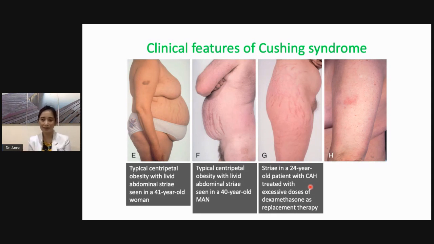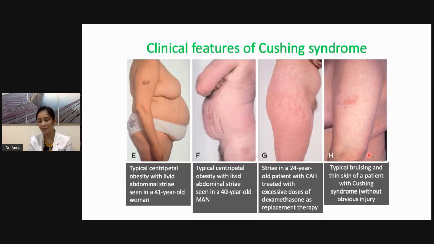I'll explain that to you when we go to your CAH. But in essence, this patient received excessive doses of dexamethasone. So this is from an exogenous Cushing syndrome. The striae can extend down here also, in your legs and in your buttocks as well.